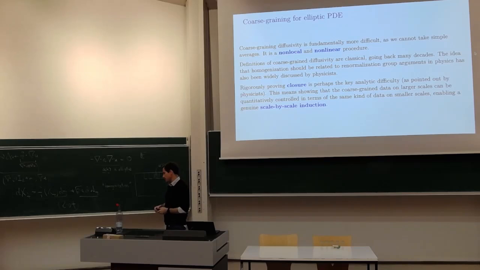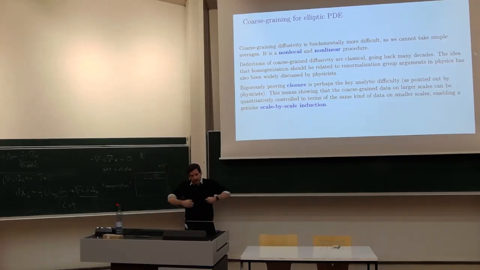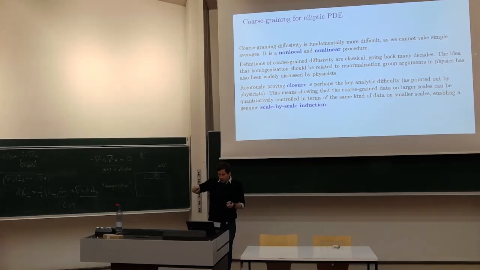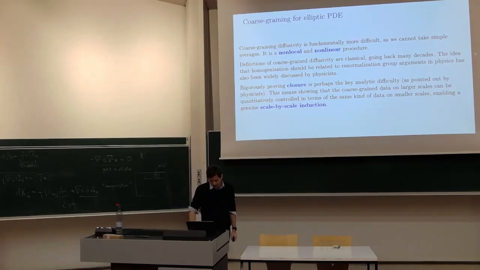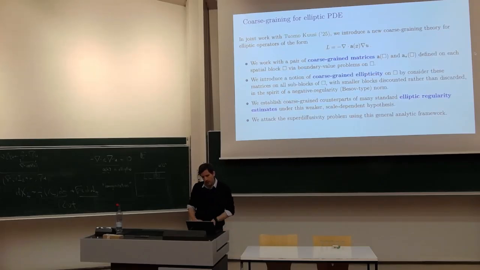If you only had to go across 5 scales, you could come up with ad hoc arguments that handle the scales one at a time, and you'd be done. But if you have to do an infinite number of scales, you really have to come up with an argument that closes. The assumptions have to give you a conclusion, which is the assumption at the next scale, and that's what's difficult, because when you blur away the details, you feel like you lose information. So your argument has to somehow not look at the small scales. Okay, so how do we do it?